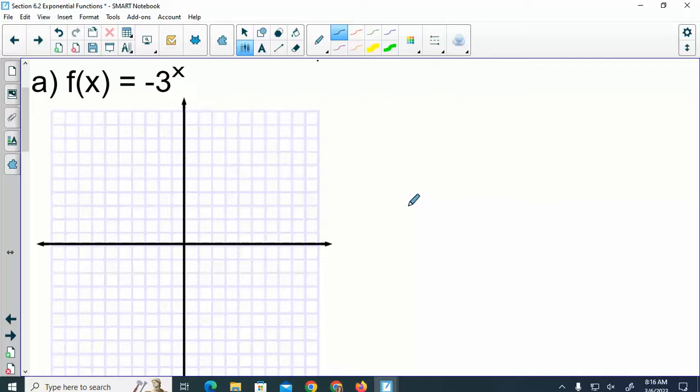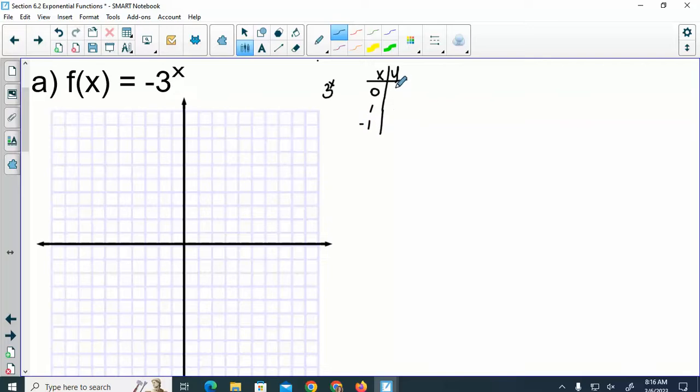So your parent function is just a regular exponential, so a positive number to a power. If I'm looking at this, my parent would be just 3 to the x. We can graph that, right? How many points did I tell you you have to have for that? 3. So if we do 0, 1, and negative 1.